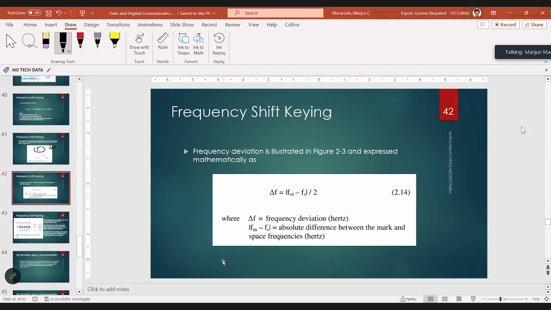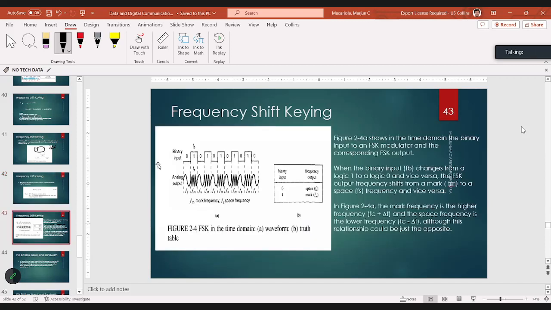So that is the absolute value of the difference of the mark frequency, designated by logic 1, and space frequency or FS, designated by logic 0. That is the absolute value of the peak frequency deviation. Example lang ito.